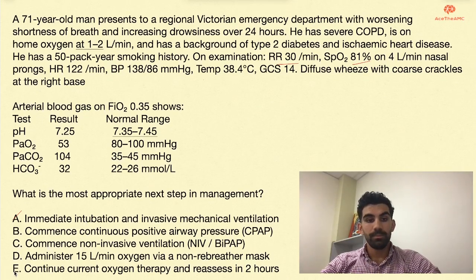We will continue current oxygen therapy isn't correct, because this patient may be dead if we just continue to do nothing. They're clearly declining, and we clearly need to do something, so that's not correct. We just mentioned why we wouldn't administer 15 litres of oxygen. And then remember, between these two, CPAP isn't used in this scenario because we want to be able to blow off CO2.